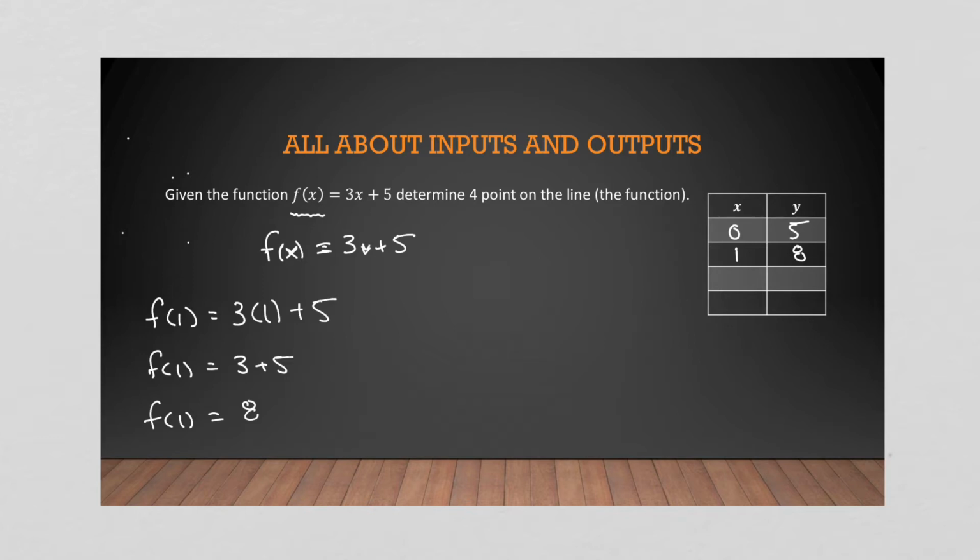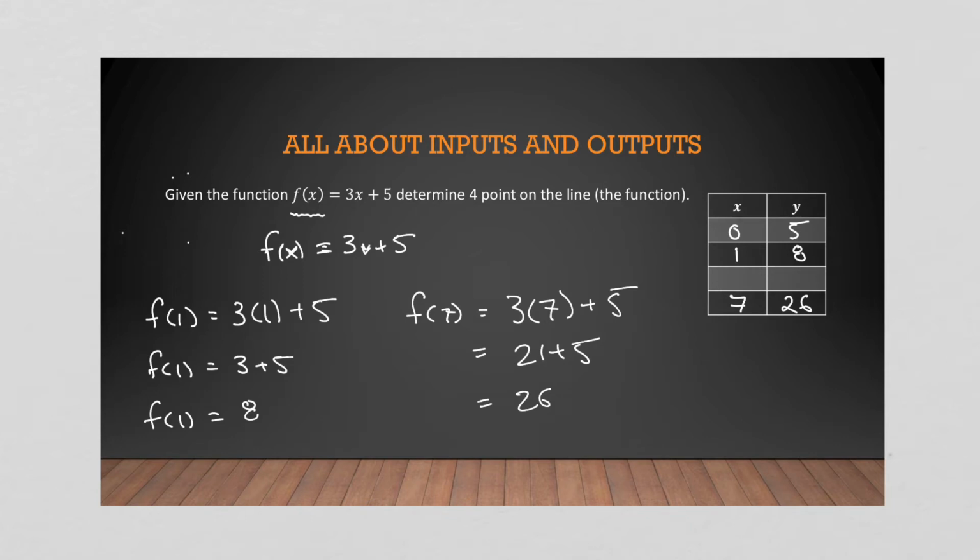Let's do 2 more just to fill that table, and we can pick any value we want. Let's go, well, what about f of 7? What if I wanted to know what the y value was when x was 7? Well, then I'd write 3 times 7 plus 5, which gives us 21 plus 5, which gives me 26. So it means when x is 7, y is 26.